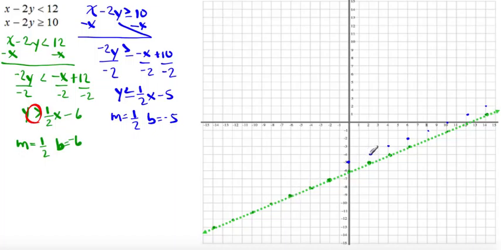And to extend my line further, I go down 1 to the left 2. Alright, and then since my inequality symbol is less than or equal to, I have a solid line here.